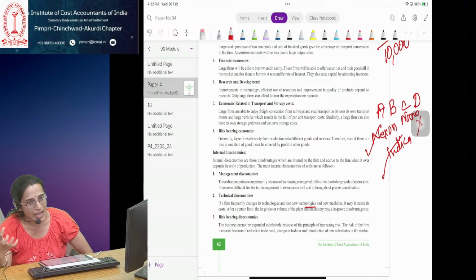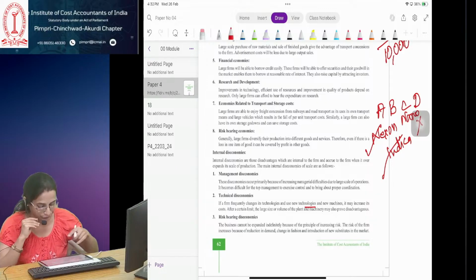So from those products they are getting revenue, and even if the Nano gets a loss or less revenue, it will not impact them much. So they can take risks, right?